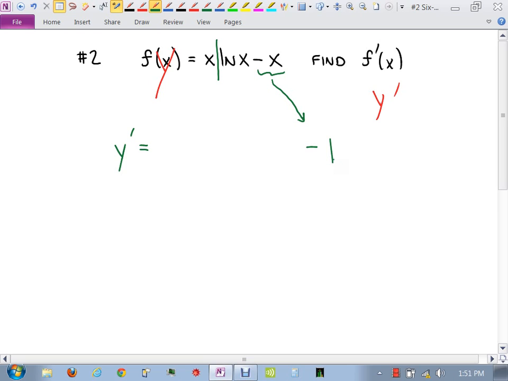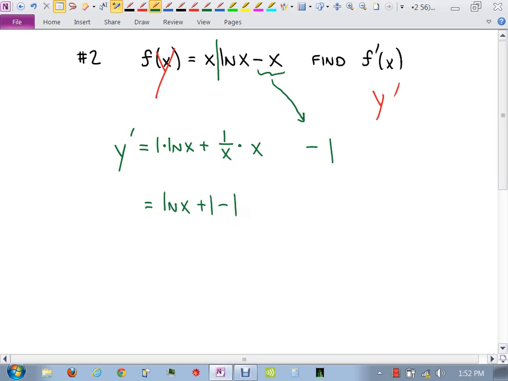which is product rule. So what's the derivative of the first one? What's the derivative of x? 1 times ln x plus, now what's the derivative of natural log x? 1 over x times, finish off the product rule, x. And so what you get is natural log x plus 1 minus 1.